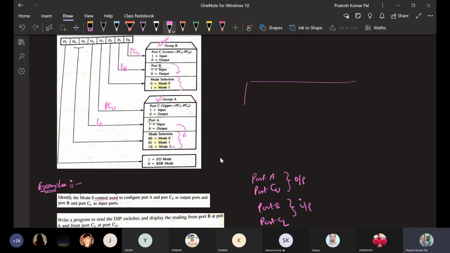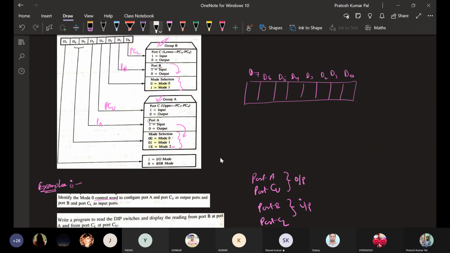Then the 8 bits of the control word: first of all, if it is working in mode 0, then it is not working in BSR mode. It is working in input output mode.